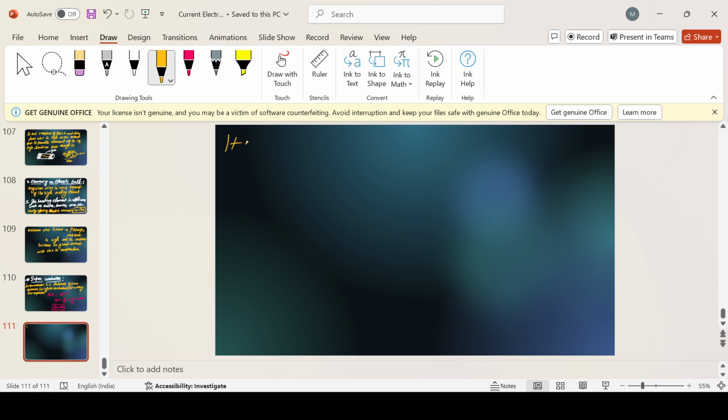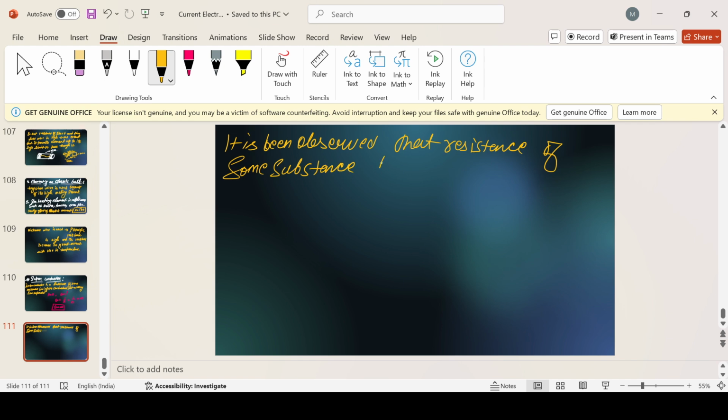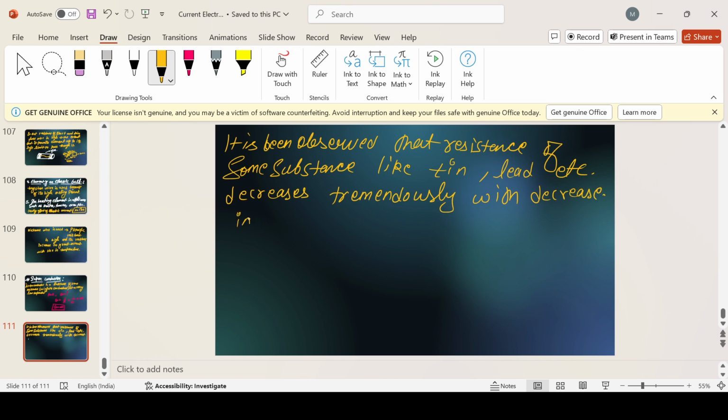It has been observed that the resistance of some substances like tin, lead, etc., not copper and all, decreases tremendously with decrease in temperature and becomes almost zero.